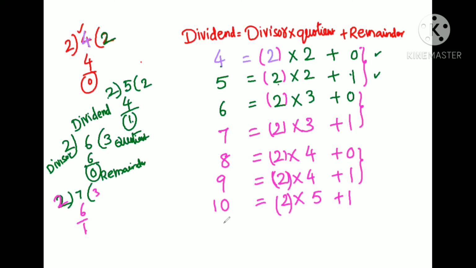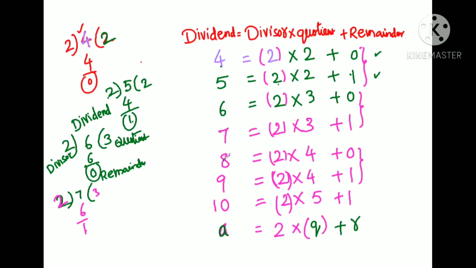If we take any number a, a means any variable, and divisor 2, we will get some quotient q, and the remainder r is 0 or 1, less than 2.